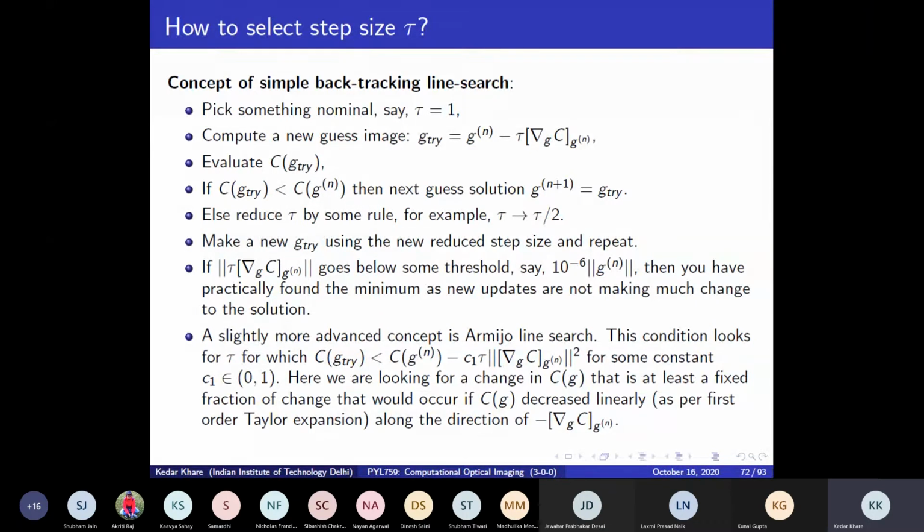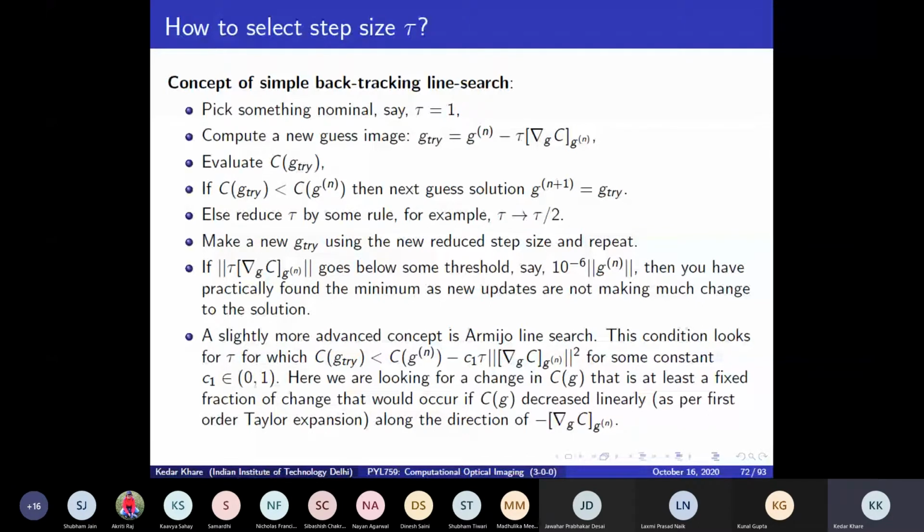And you can actually say, see what you are doing: G trie minus Gn is actually tau times the gradient evaluated at Gn.